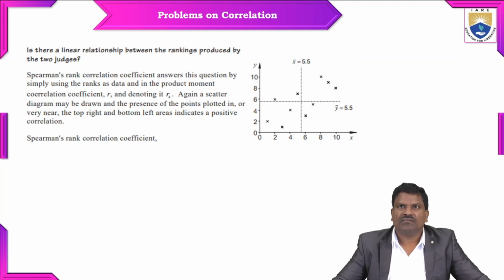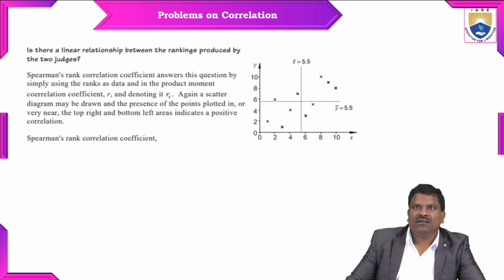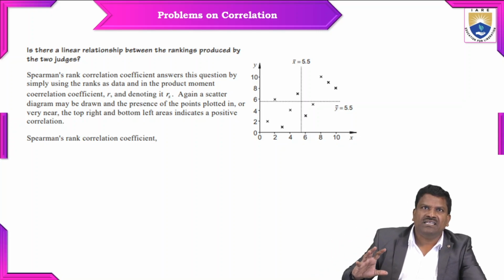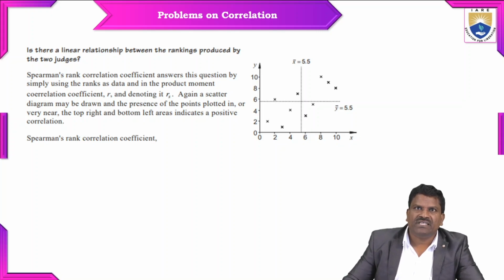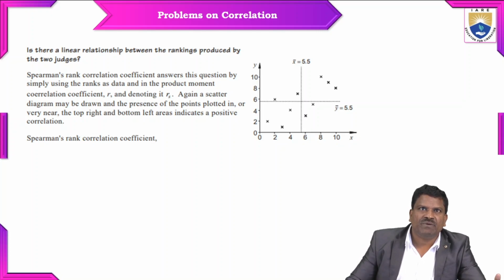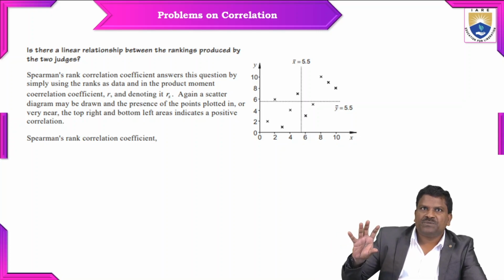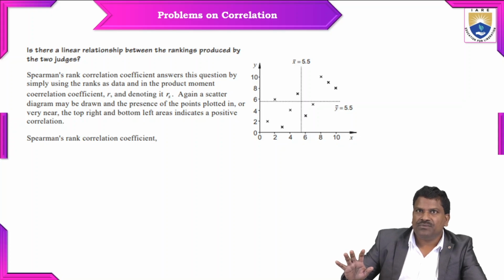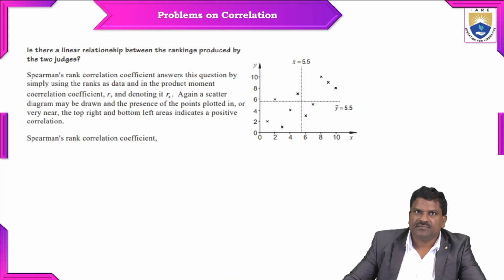So, let us see one interesting problem on this. Is there a linear relationship between the rankings produced by the two judges? Here, with Spearman's rank, the two judges will follow the same procedure, but depending upon their intellectual estimation, one may differ slightly from the other.